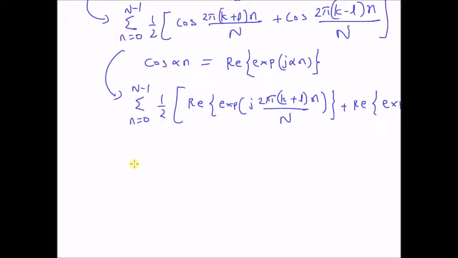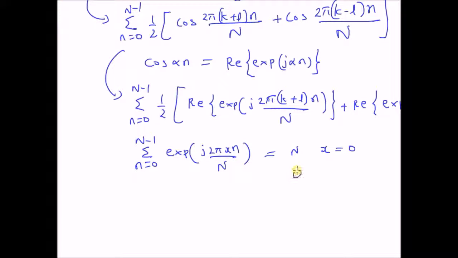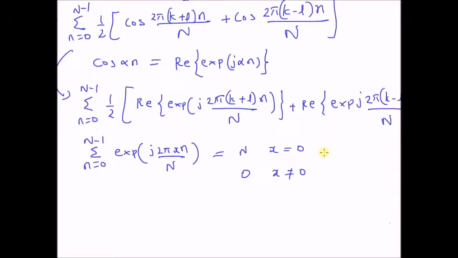Now using the standard formula for the sum of a geometric series, that is, the sum n equal to 0 to N minus 1 of exponential of j 2 pi x n over N is clearly equal to N when x equal to 0 and 0 when x is not equal to 0, as long as x is less than N minus 1.